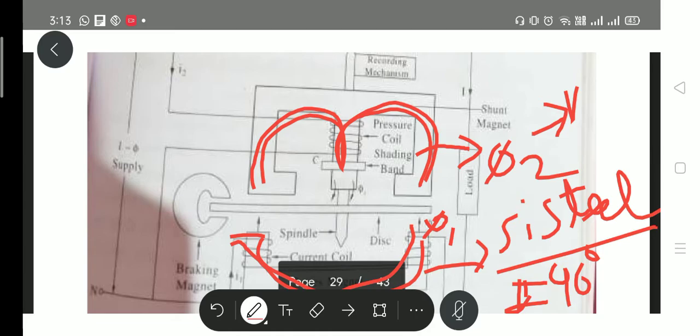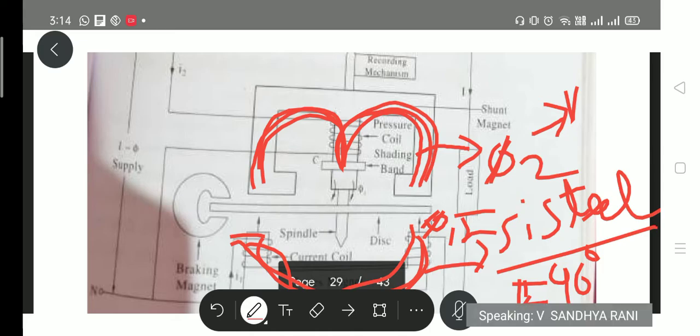The series magnet is connected with the current coil, so the current coil produces flux phi 1 and current I. In the same way the shunt magnet, M shape, is connected with the pressure coil, so the pressure coil produces voltage V and flux phi 2. This is the connection of the driving system.